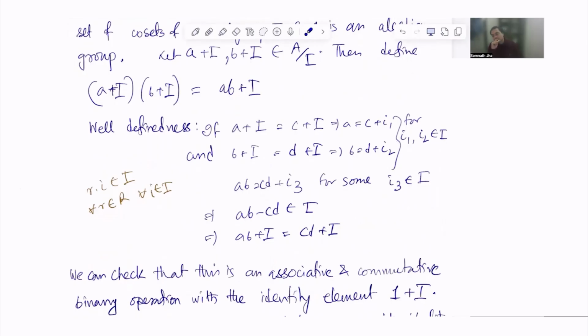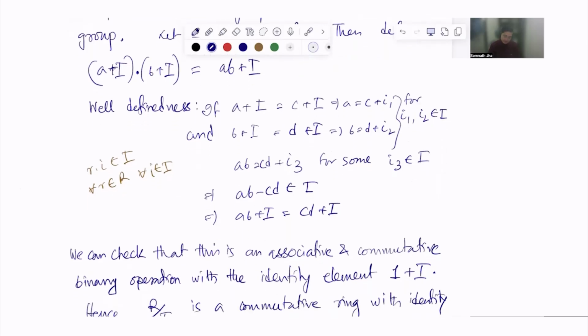So this is an associative commutative binary operation, this multiplication, which we simply define to be ab + I, with identity element 1 + I.